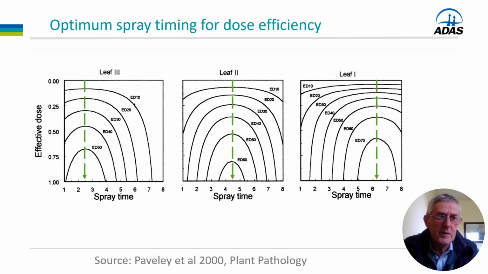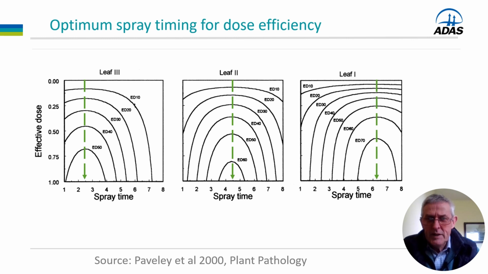So it was the optimum time just after week 2 here. The optimum time for leaf 2 was about 10 to 14 days later, because that leaf came out 10 to 14 days later. And the optimum time for the flag leaf was again about 14 days later, because the leaf came out about 14 days later.